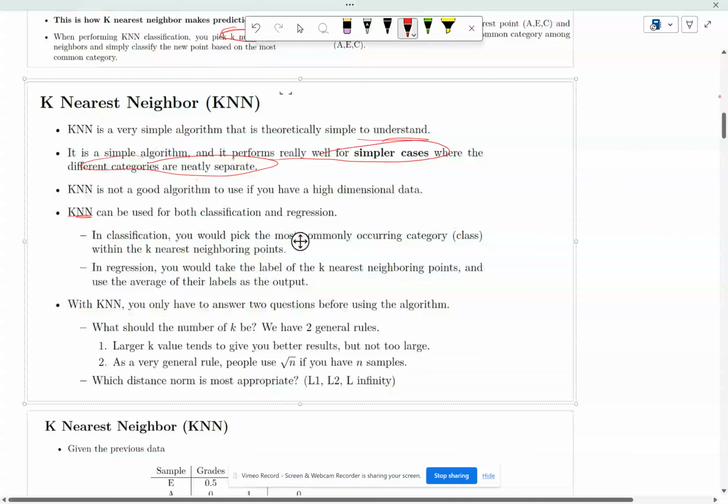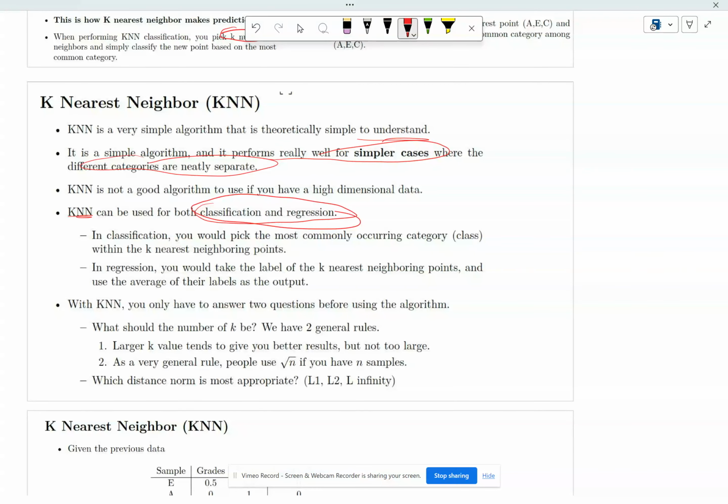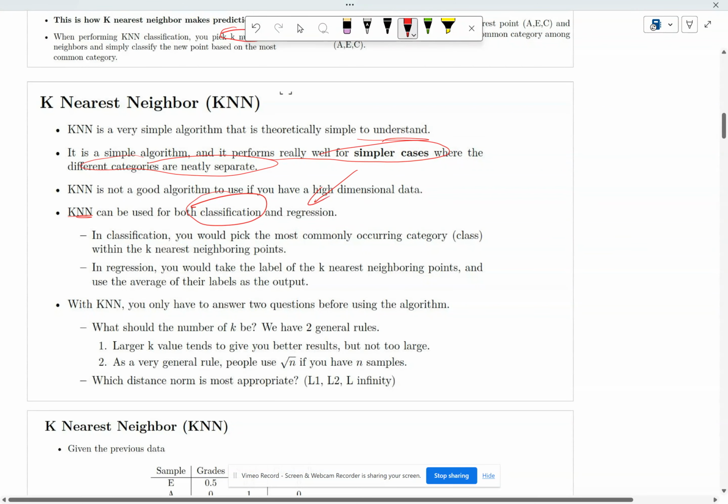Now, K-nearest neighbor could be used for classification and regression. Even though we're doing classification, we can use it for regression as well.